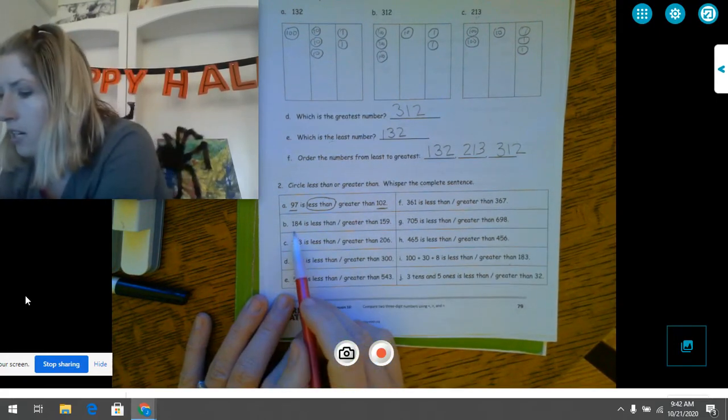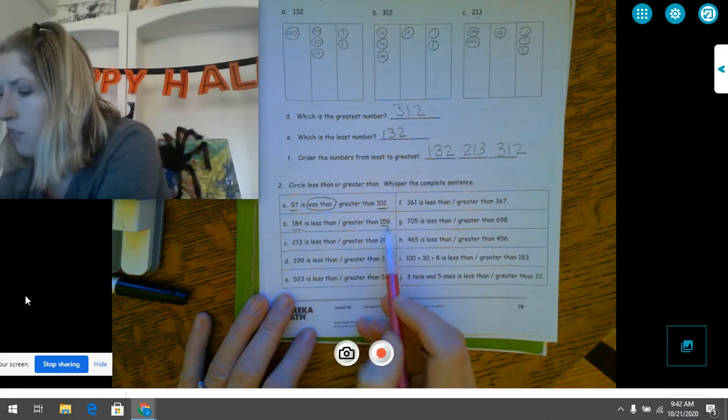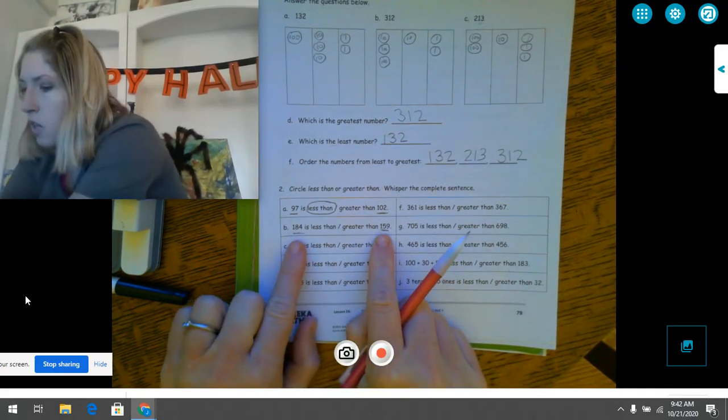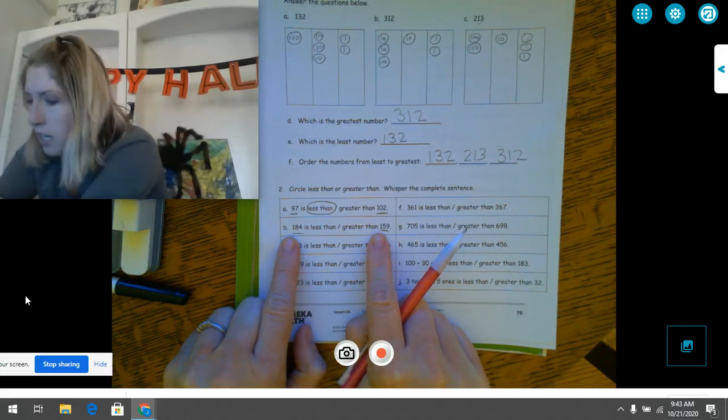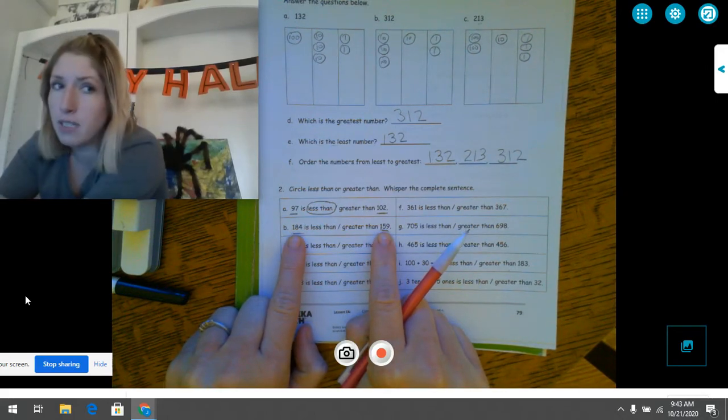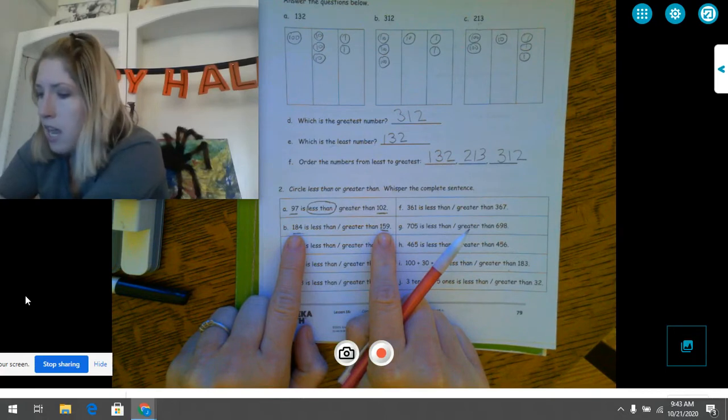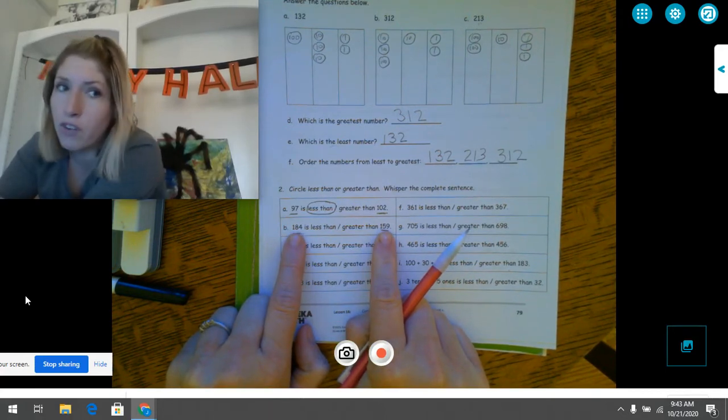Okay, 184 and 159 are our numbers. So take a second to look at those numbers. First, we look at the hundreds place, and they both have 100. And then we look at the tens place, since they both have the same amount of hundreds. And 184 has a lot more tens than 159, right? There's an 8 in the tens place here and a 5 in the tens place here.